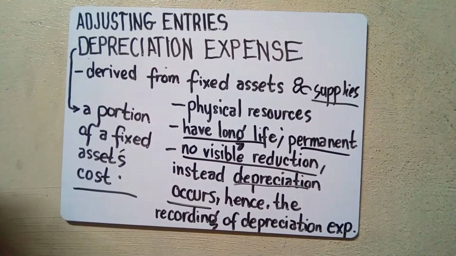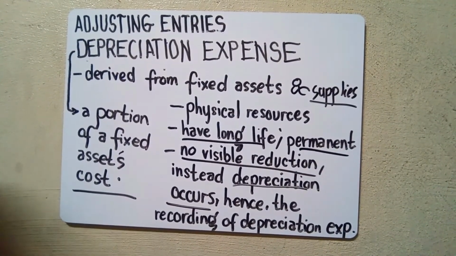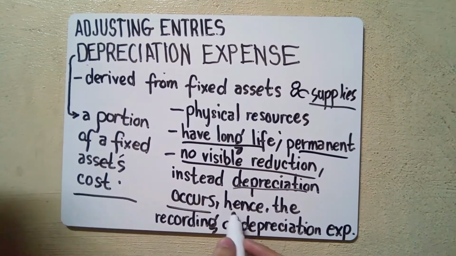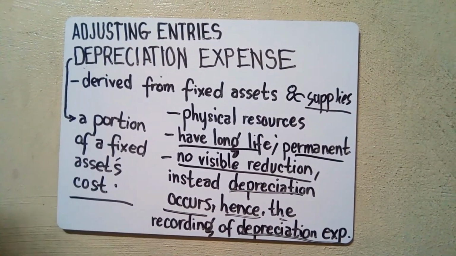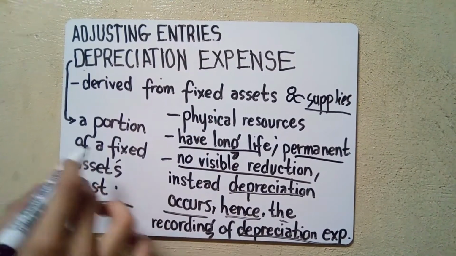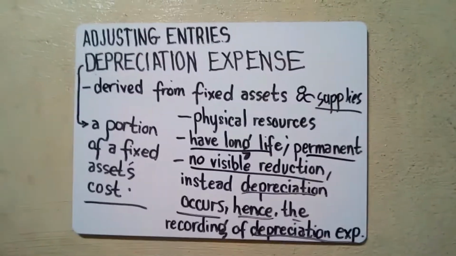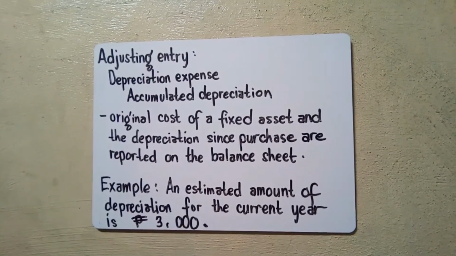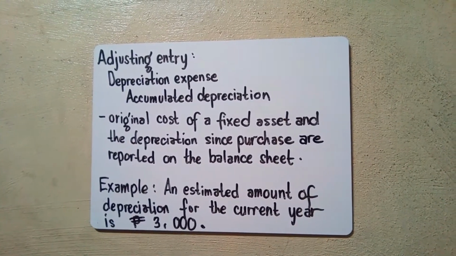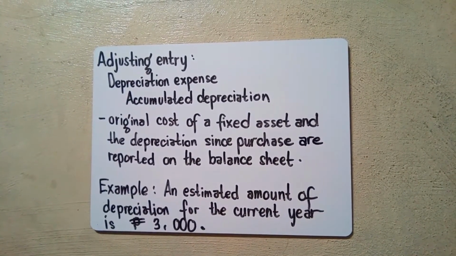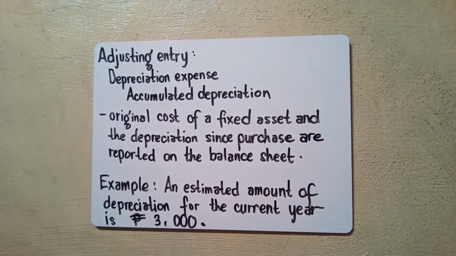Depreciation is the decrease in usefulness of a fixed asset. If there is a depreciation, hence the recording of depreciation expense. Depreciation expense is a portion of a fixed asset's cost. The adjusting entry to record depreciation expense is debit to depreciation expense and credit to accumulated depreciation.